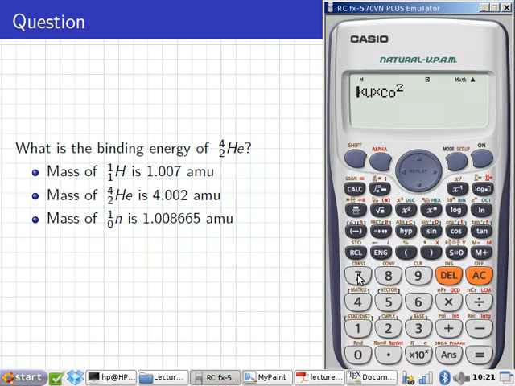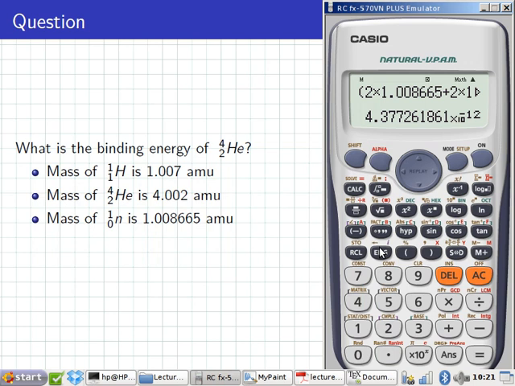I'm not sure now if this is right anymore. 2 times 1.008665 plus 2 times 1.007 minus 4.002.